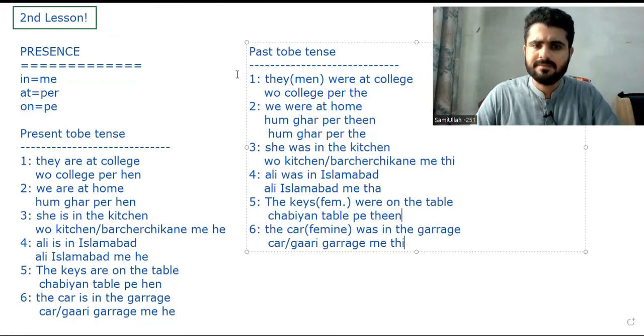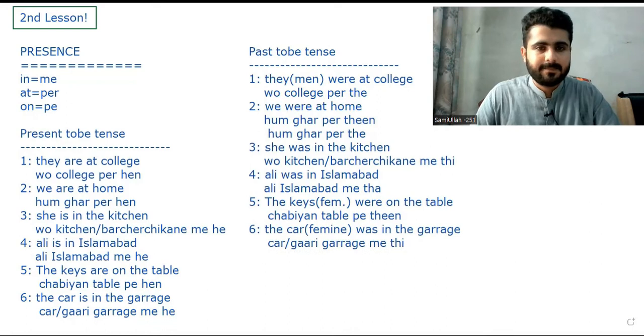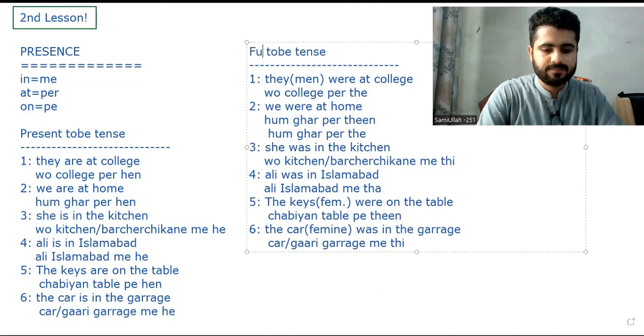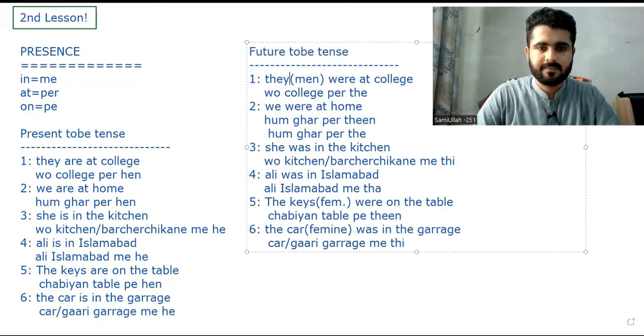Okay. Let's do it in future now. I'm going to erase this section. Okay, no, I'm not going to erase this one, but let me change it from past to future.